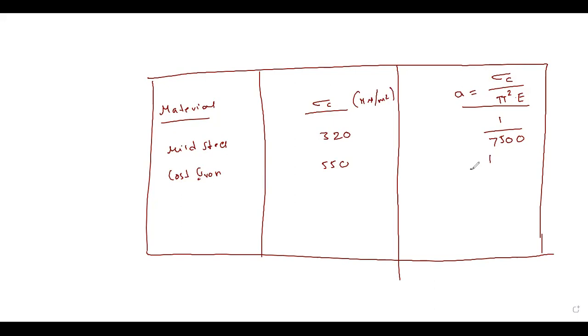Then the Rankine constant is 1 by 1600. Another material is wrought iron, which can carry a compressive stress of 250 mega Newton per meter square, and the Rankine constant is 1 by 9000.